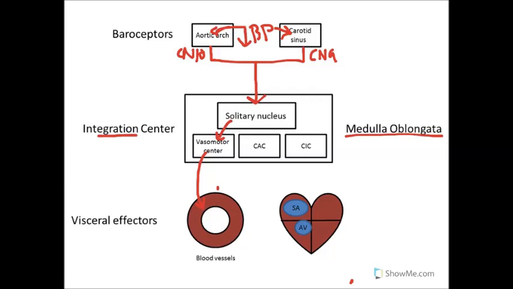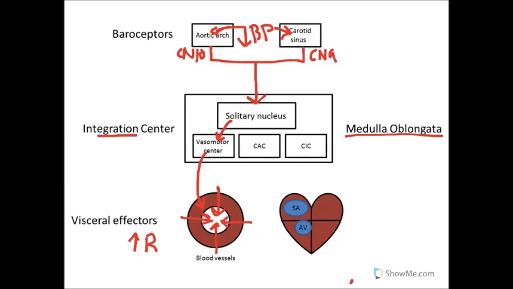So we will contract or constrict the blood vessel, making it get smaller. We call that vasoconstriction. And this vasoconstriction will increase the resistance in this blood vessel, and that's going to immediately start to increase the pressure.